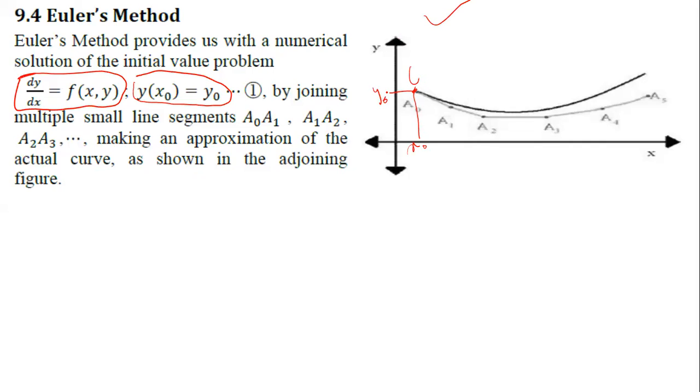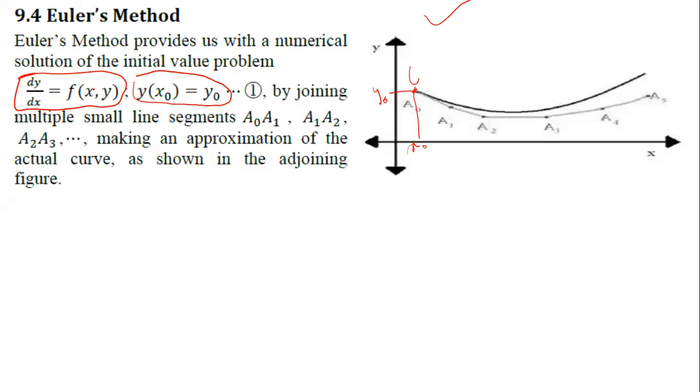This is what is known to us, and we simply have this differential equation. By solving this differential equation, we are intending to find the functional form of y in terms of x.